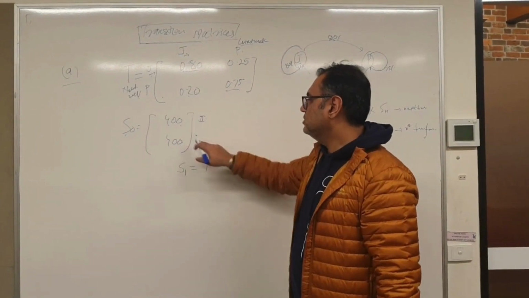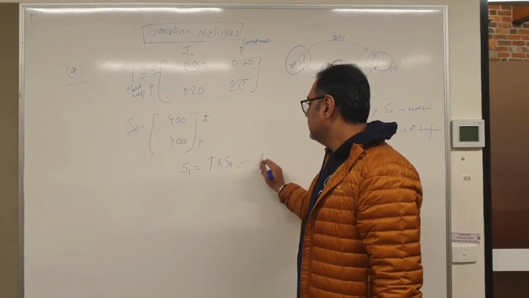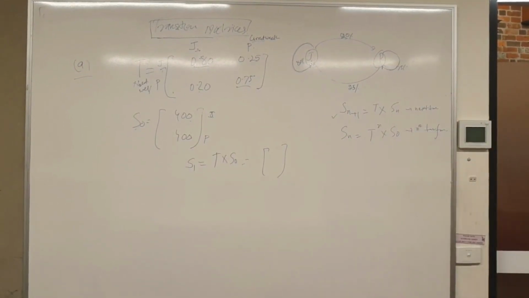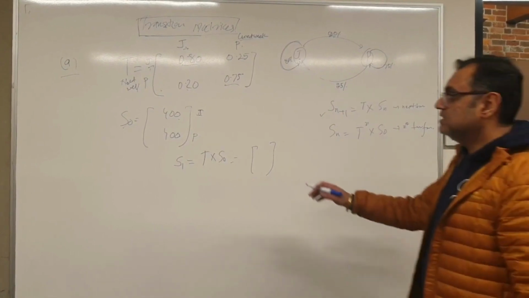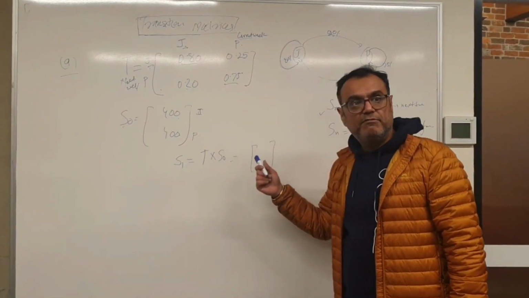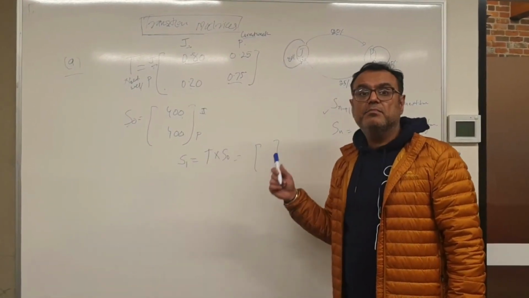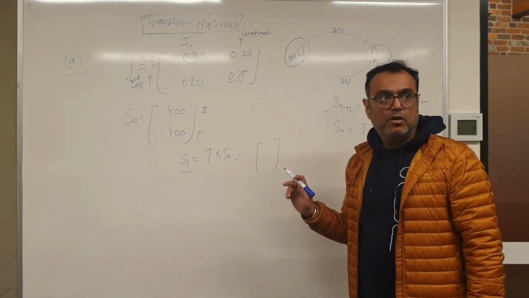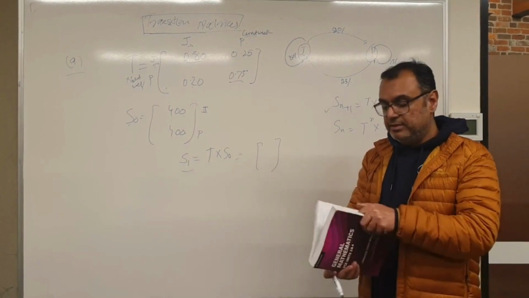I've got T, I've got S0. I multiply both of them and I get a column matrix on CAS. If that's a decimal value, approximate it, because he's asked you for the next week. All good? So far so good, right?